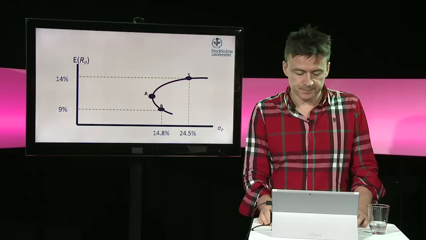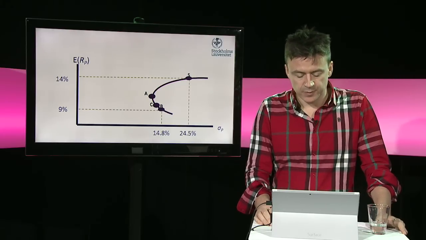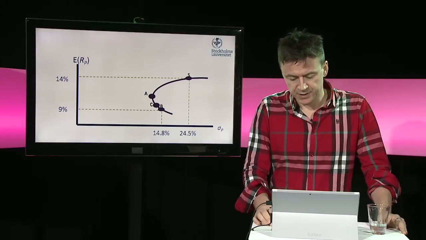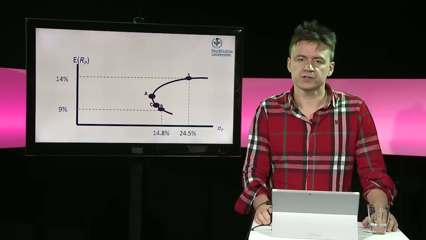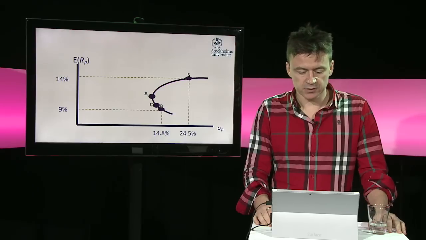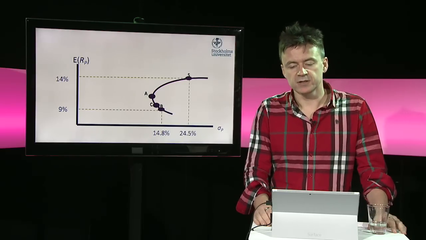That would put us in a point like, for example, C. But note what has just happened. If we sit on C, we enjoy a larger expected return and a lower standard deviation. Hence, any rational investor would always prefer C over B.